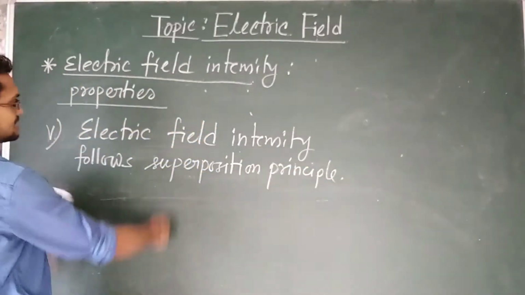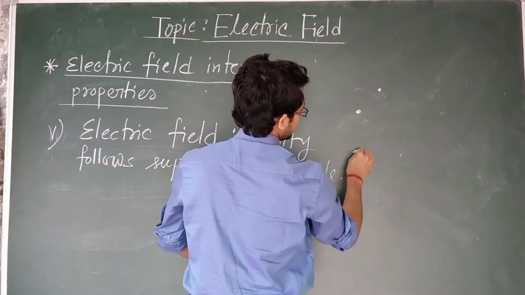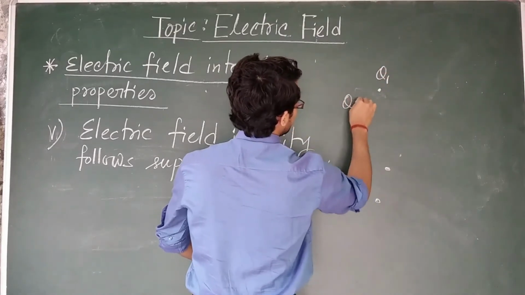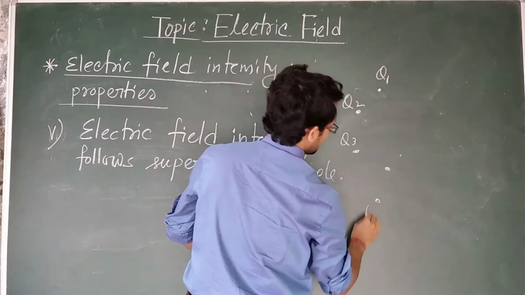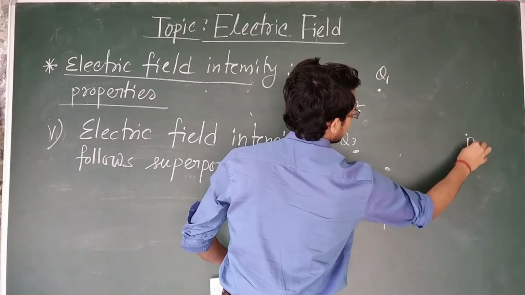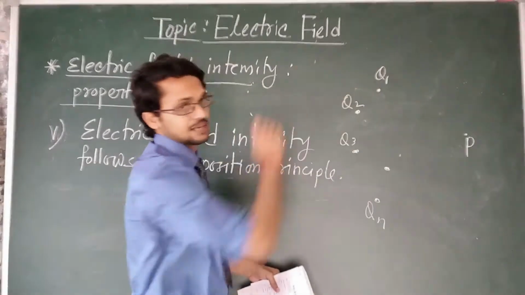Okay, what does this signify? Suppose there are n number of charges, lots of charges, q1, q2, q3, dot dot dot qn, and there is a point P. At this point we want to find the electric field due to this charge system.